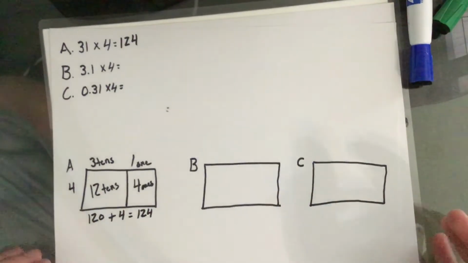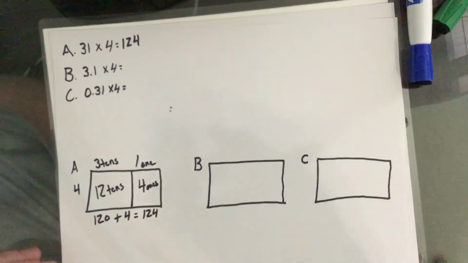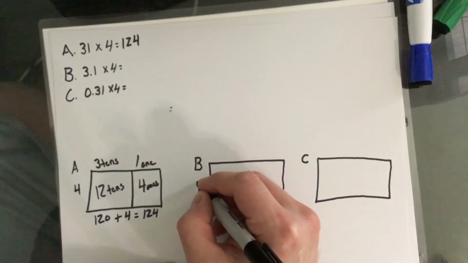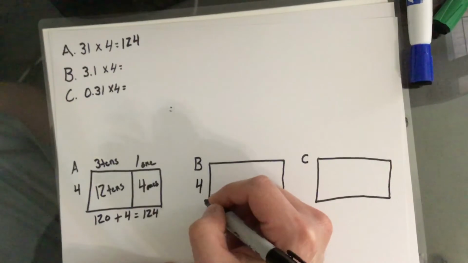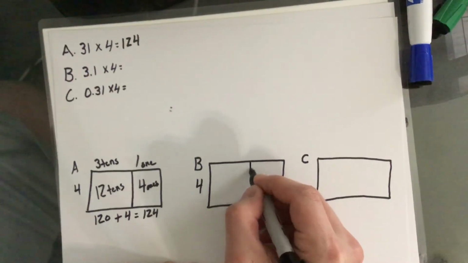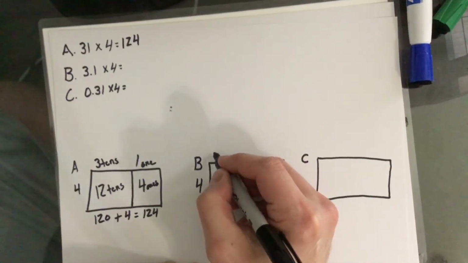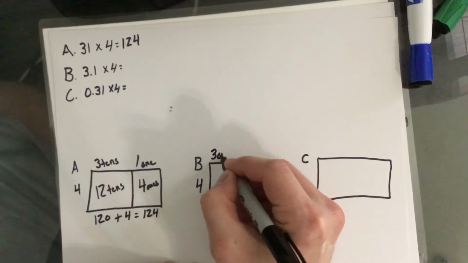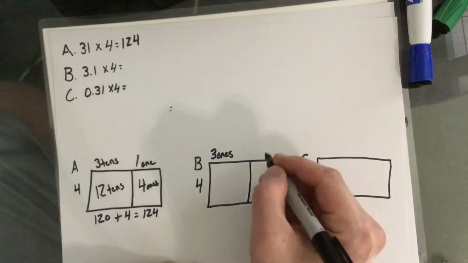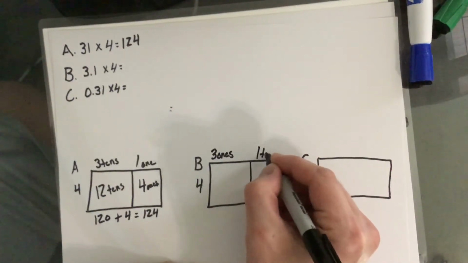I want you to try B on your own. So go ahead and pause this video and work out B using the area model. So for B, I'm going to set it up the same way. I have my 4 to represent this length, and then I'm going to use this as my 3 ones this time, since we're on problem B, and then this will be my 1 tenth.